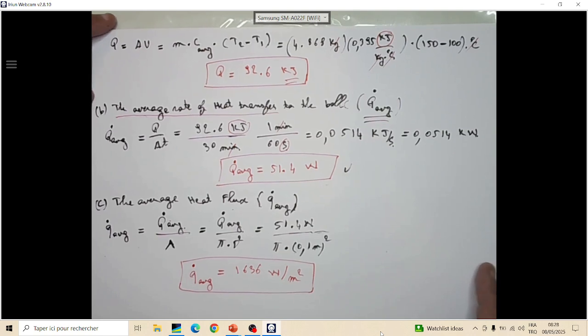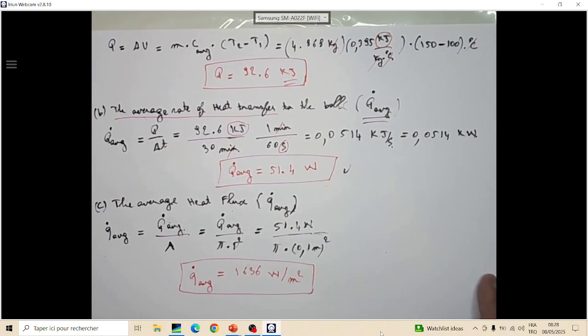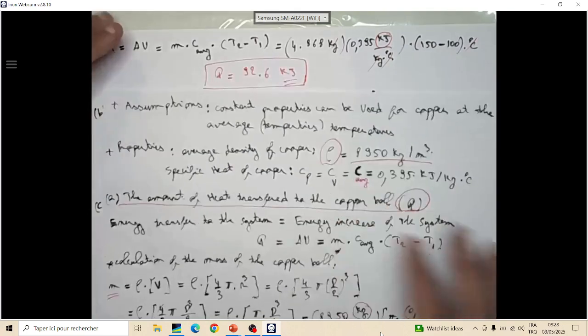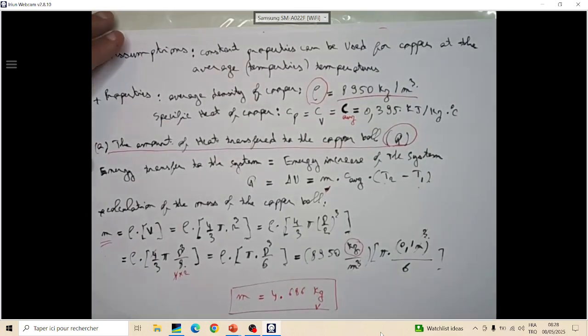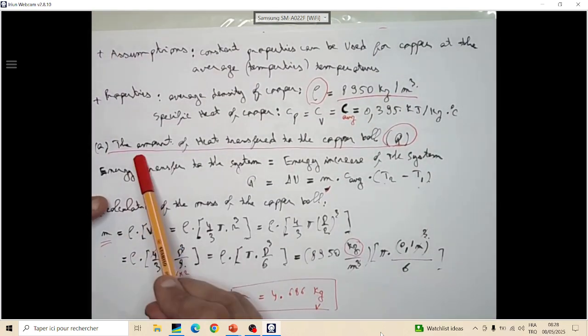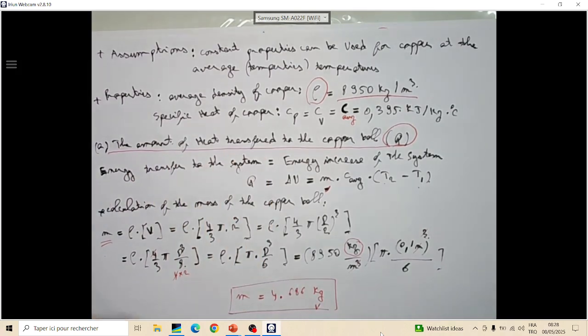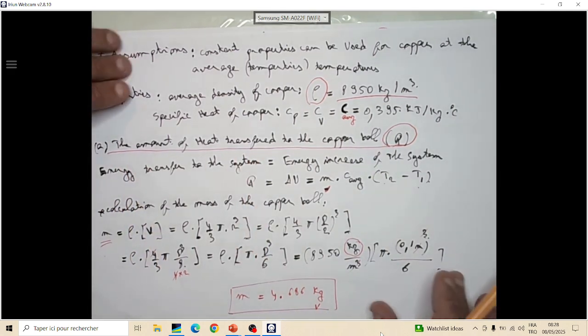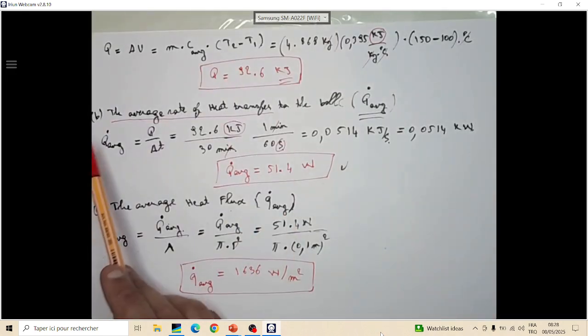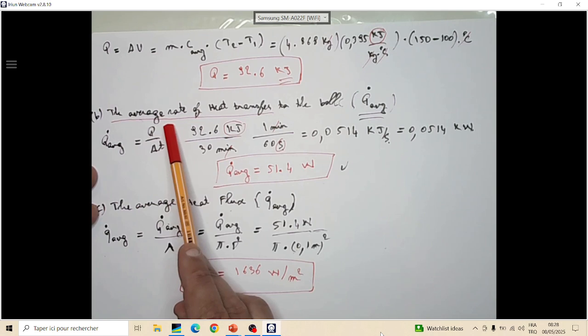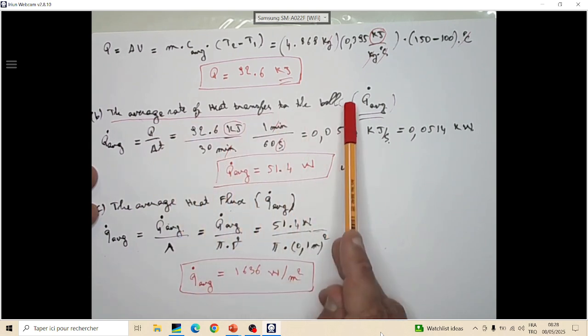And this finishes the problem that we have solved. For this problem we have calculated the amount of heat transferred to the copper ball, Q, and we have calculated the average rate of heat transfer to the ball, Q dot average.